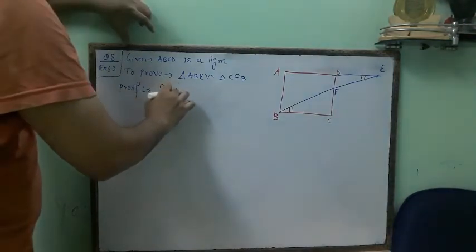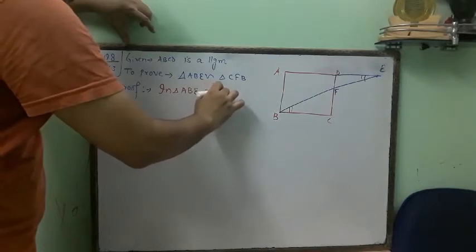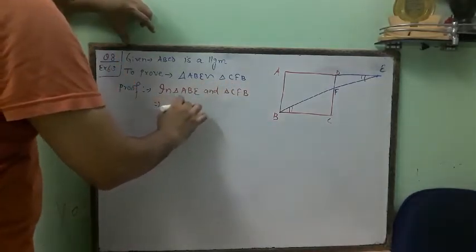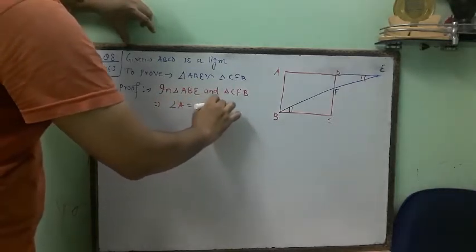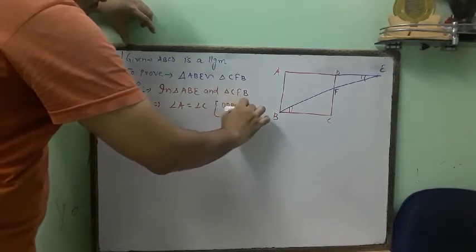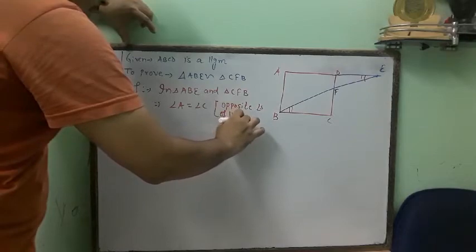In triangle ABE and triangle CFB, angle A is equal to angle C, opposite angles of parallelogram ABCD.